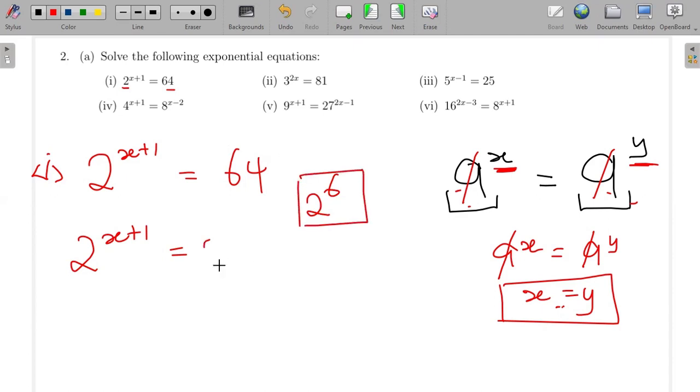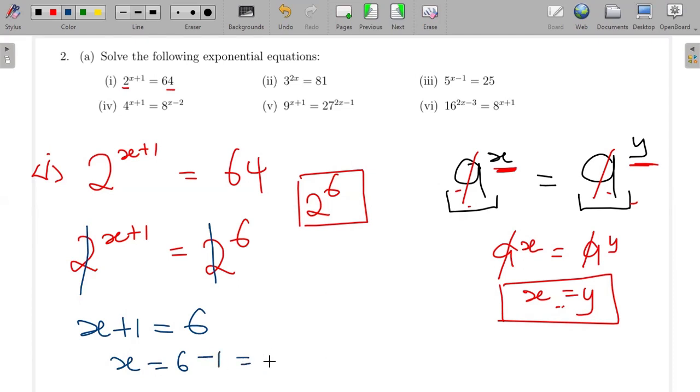So I'll write 2 to the power 6 here, meaning that I can cancel out these two, and I remain with x plus 1 equal to 6. So x will just be equal to 6 minus 1, which is 5.